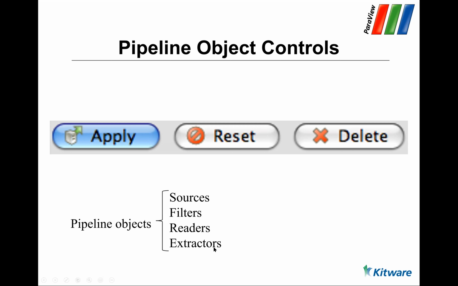We have a new concept in ParaView called an extractor. This is similar to a writer, so you can add them to your pipeline and you can save, let's say, images at a certain point in your pipeline, or you can save data at a certain point in your pipeline. You can do it directly with the mouse as well, but the driving reasoning behind this was to create these extractors to run in situ.